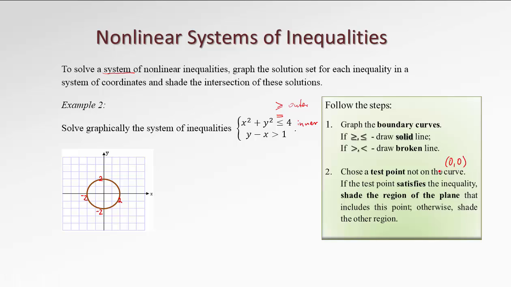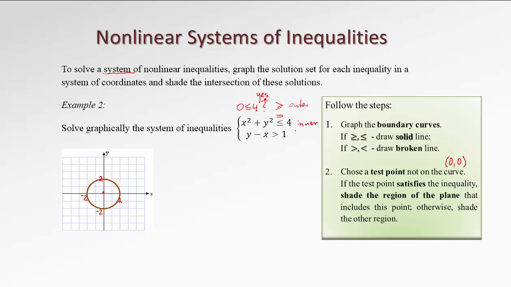Now, after we have the point, in our case the point is here, we need to test it. Test means plug in the coordinates of this point, in this case 0, 0, and see if it satisfies the inequality. If I plug in 0 for x and y, I end up with 0 smaller or equal to 4. Now my question is, is it true or not? Well, is 0 smaller or equal to 4?